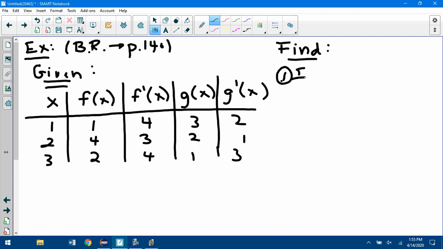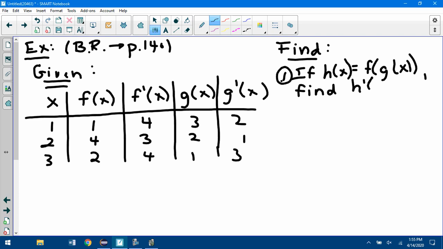If I said if h of x is equal to f of g of x, find h prime of 1. Well, first off, we got to figure out what h prime of x is, and what rule are you going to have to use if I have f of g of x, f of stuff?